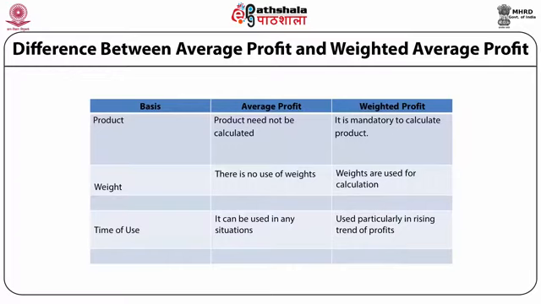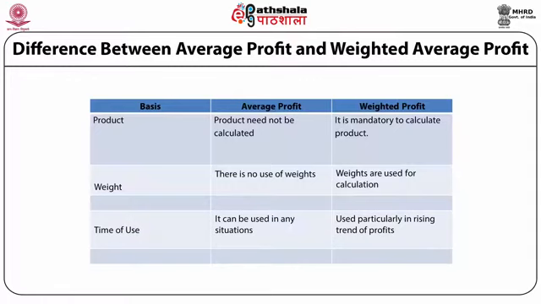Weights: in the average profit method, there is no use of weights, whereas weights are calculated in the weighted average profit method. Time of use: the average profit method can be used in any situation, whereas the weighted average profit method can be used particularly in a rising trend of profit. When there is a rising trend of profit, the appropriate method will be the weighted average profit method.